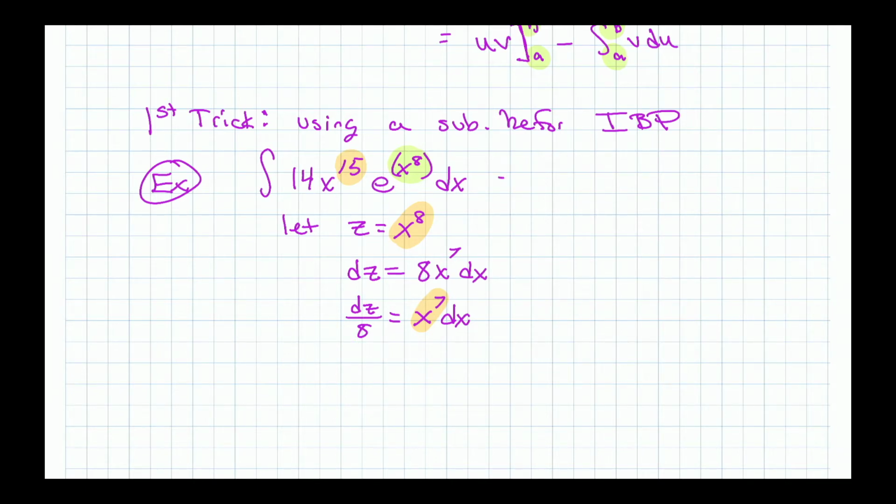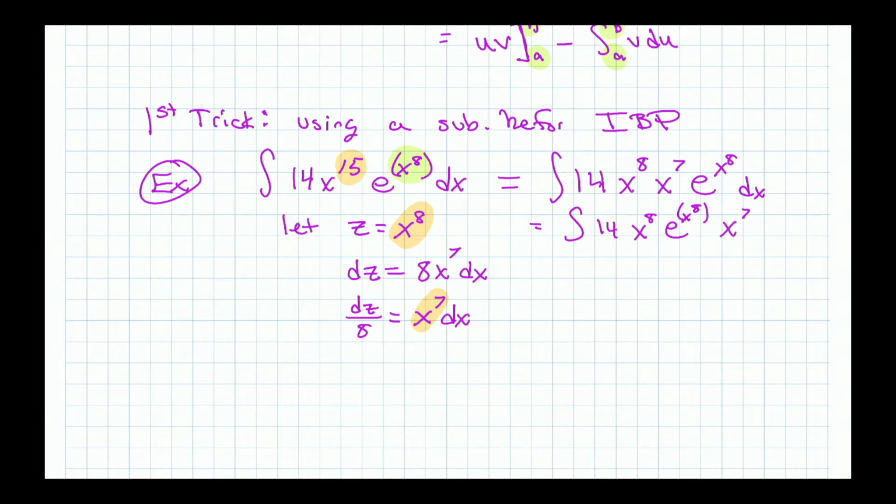Because you can take this integral and just rewrite it this way. So I've got an x to the 14, and then instead of x to the 15, I'm going to write it as an x to the 8 and an x to the 7. Multiply them together, and you get e to the x to the 8. So I'm just moving a couple things around, just rearranging them.